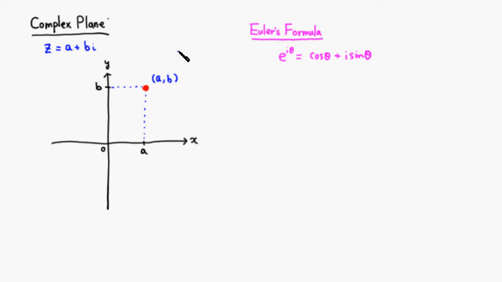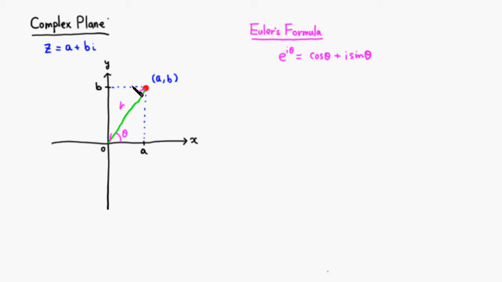Once you introduce the xy plane or complex plane, it's natural to also talk about polar coordinates. So if you draw a straight line from the origin to the point, and let's say the angle is theta there, then the length is going to be r.